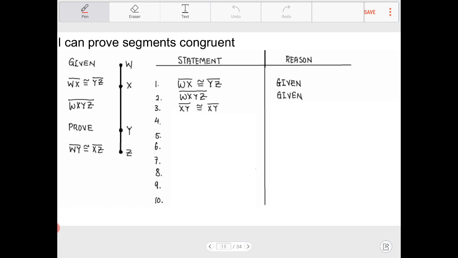So I'm going to say that XY is congruent to XY, because if you notice when I marked up the diagram, I put in two tick marks here, right? XY is congruent to XY, and the reason why that is true is because of the reflexive property.